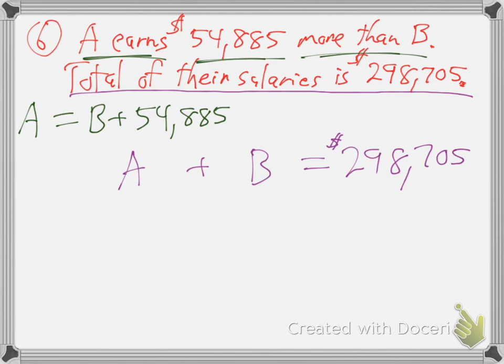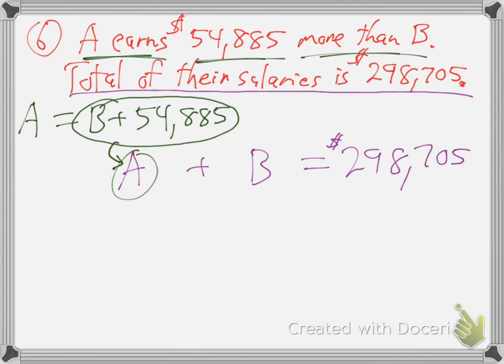Now, what do you do when you've got two letters like this? Yeah, plug it in, exactly. I take this right here and plug it in for A, because that's what A equals.